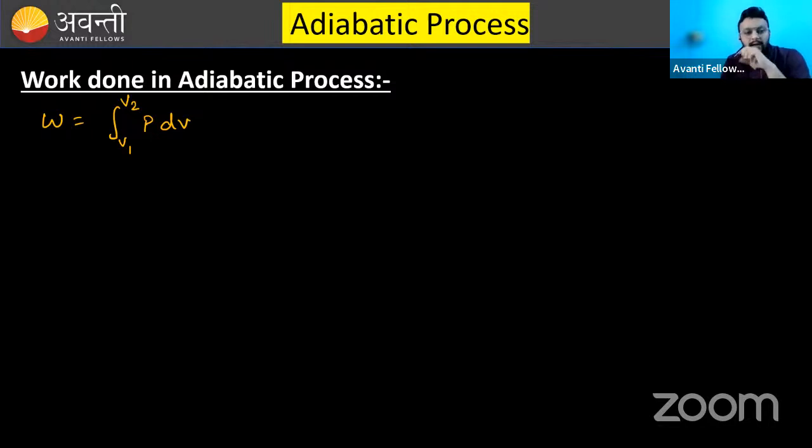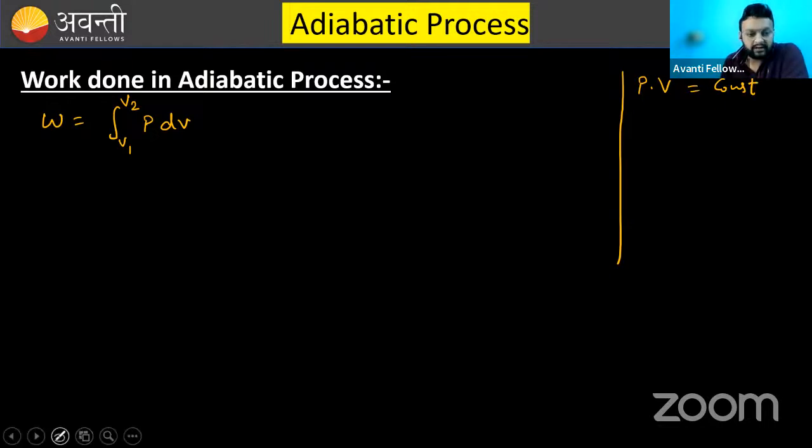Now we need to place the value of P. P is the pressure. For adiabatic process, what we have learned, I'm discussing it here: P into V raised to the power gamma is equal to constant. Suppose I'm writing the constant as K. Is it clear?